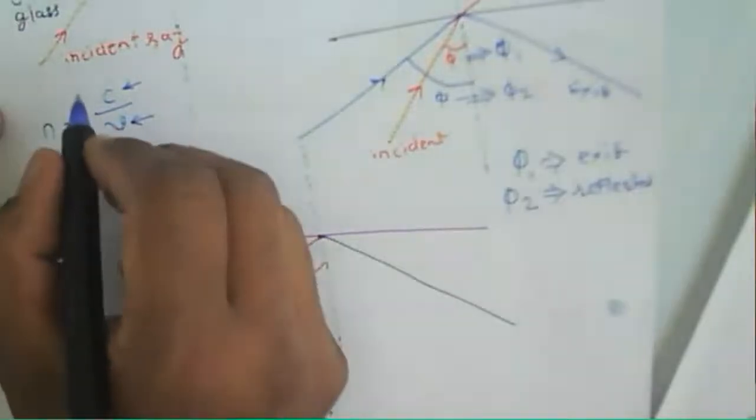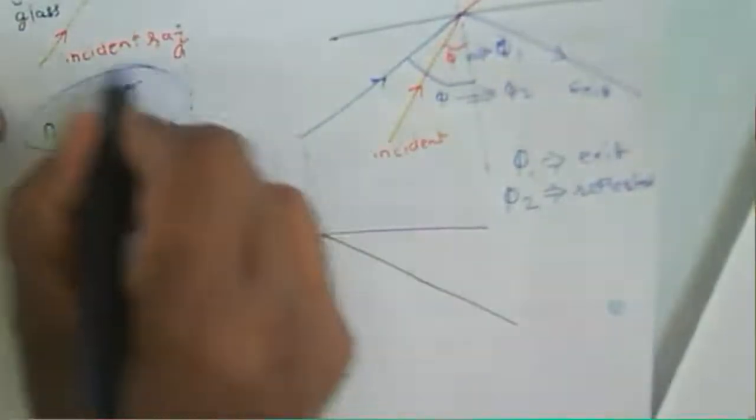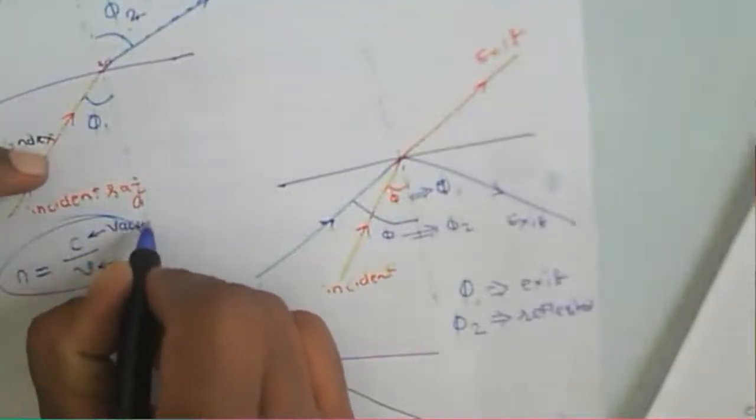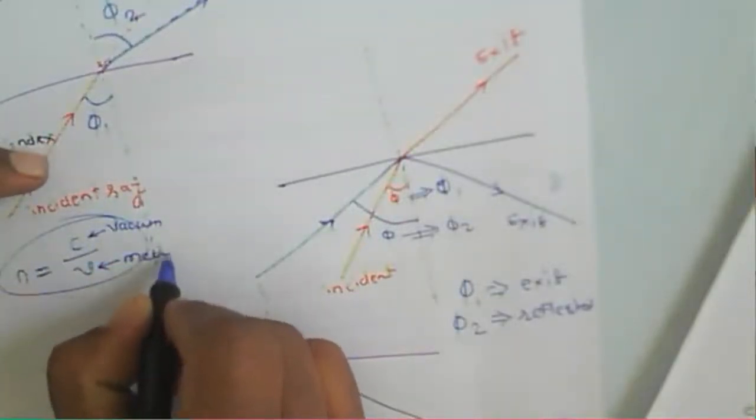This one is the velocity of vacuum and this one is the velocity of the medium. So we can say that the refraction index is nothing but the ratio of the velocity of light in vacuum to the velocity in the medium. So we can find out the index of refraction, that is a ratio.